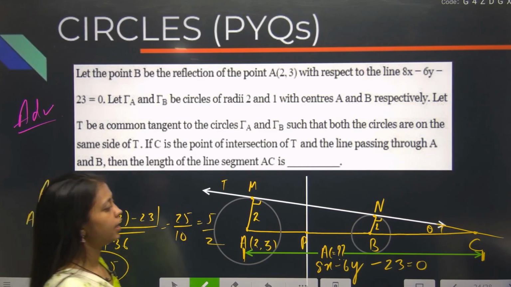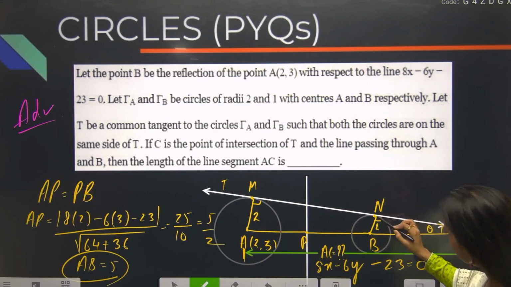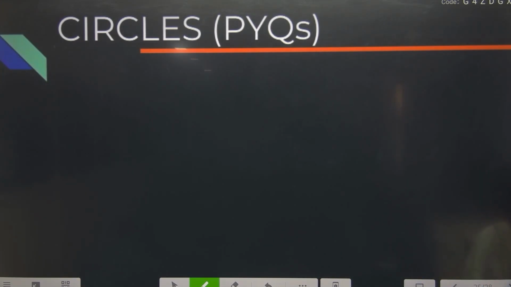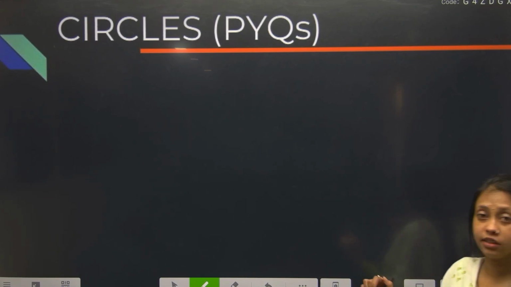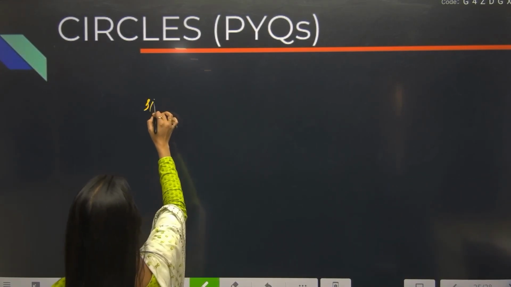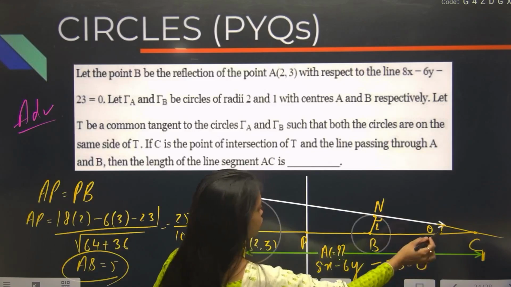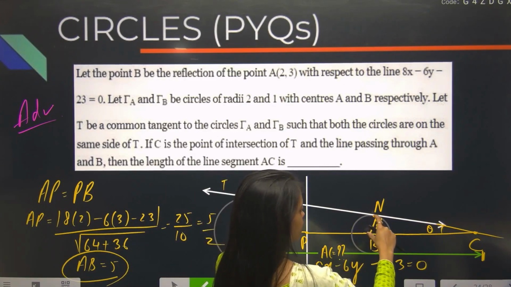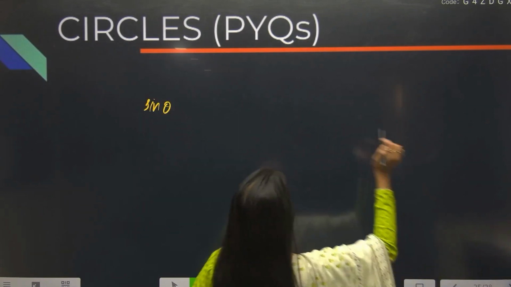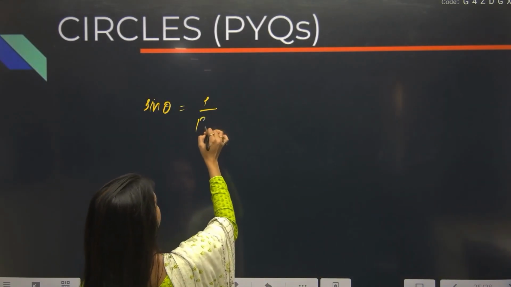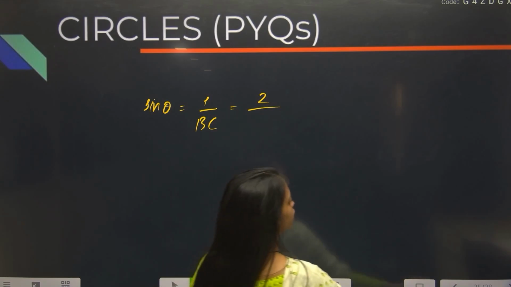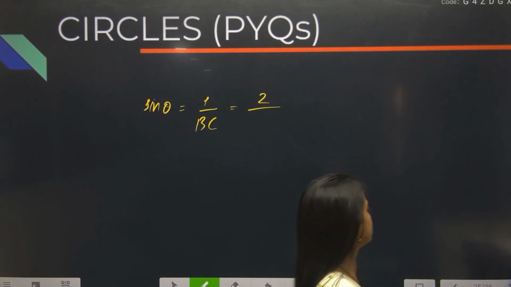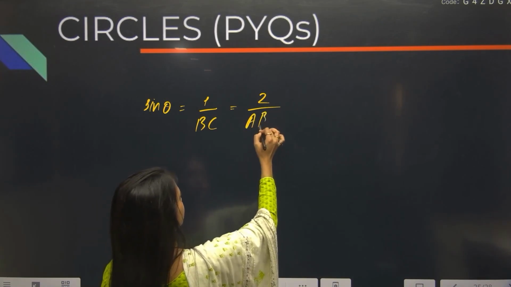Right? You are looking for AC. So in that, just apply sine theta in both of the triangles. In this small triangle, it will be 1 divided by BC equals 2 divided by AC. AC is AB plus BC.